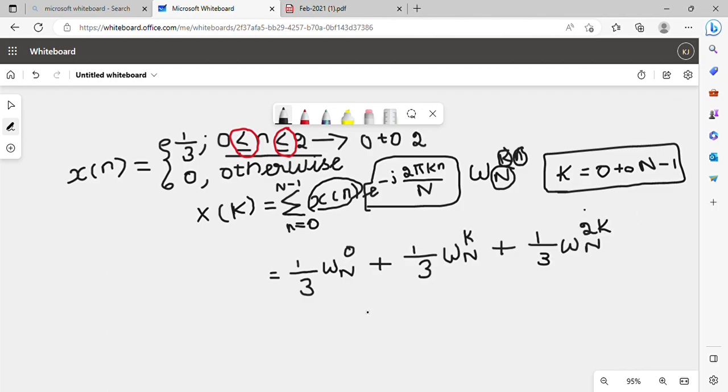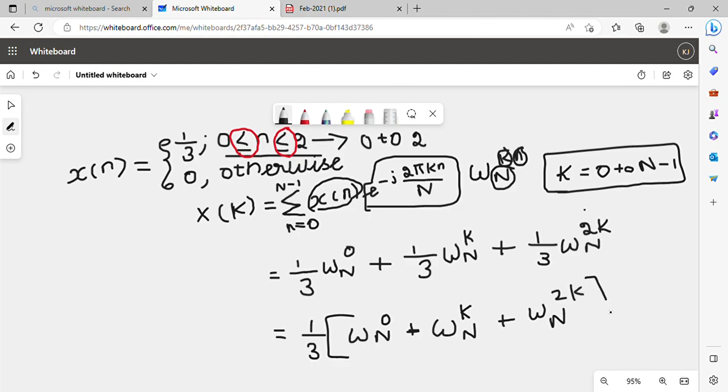Here 1 by 3 is common, so you get omega n to the power of 0 plus omega n to the power of k, plus omega n to the power of 2k, right? For your k is equal to 0 to n minus 1, that is what I have written like this. Just write it over here as well as over here, right?